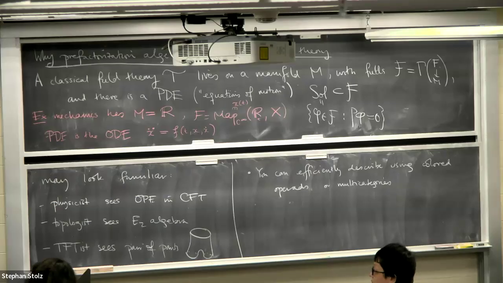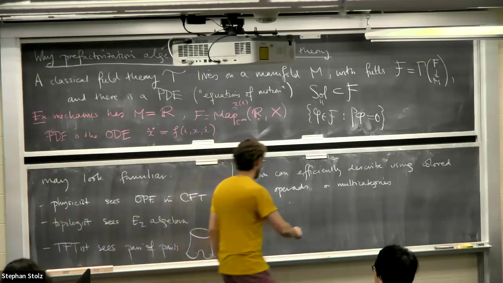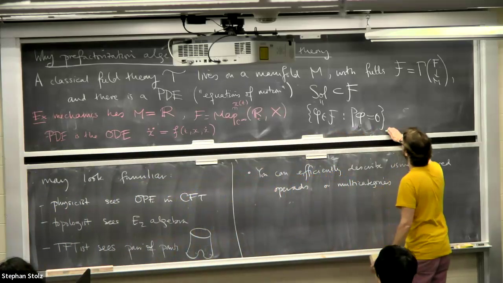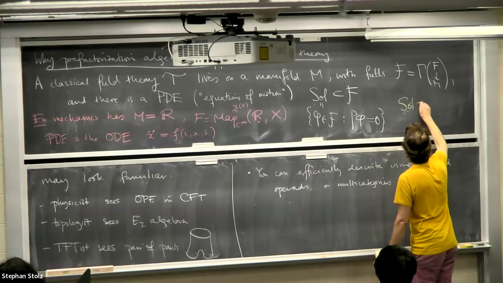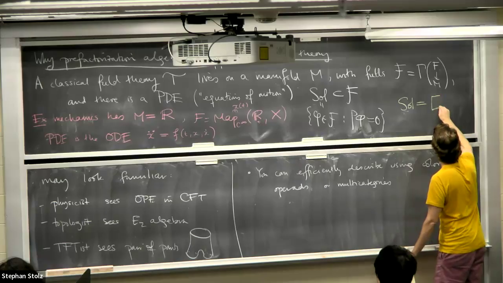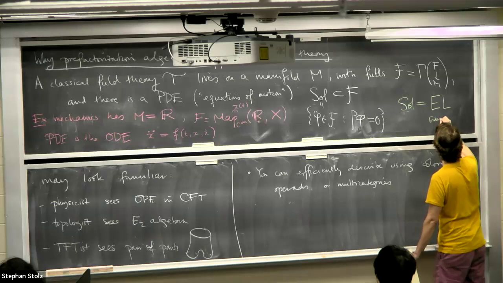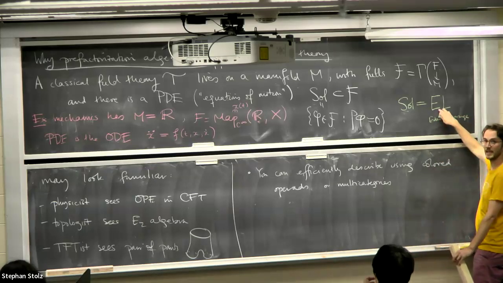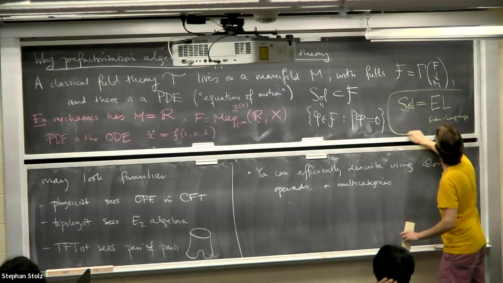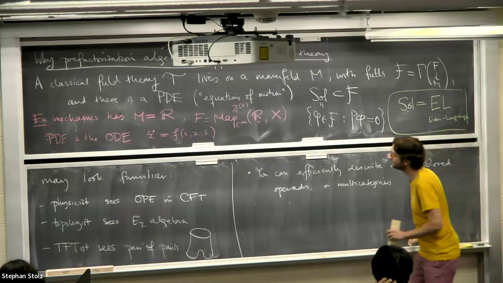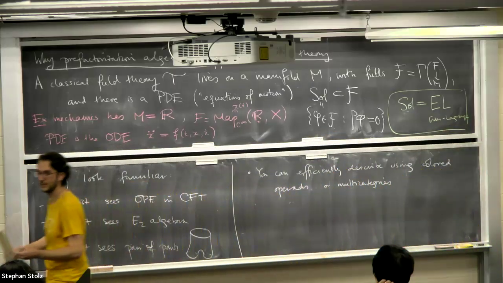Yeah, I did have that in my notes, and I forgot to. I find EL kind of a hard mnemonic. This is Constantine's Euler-Lagrange. He's emphasizing the equation, and I'm just saying, solutions. This is the dictionary. Thank you.